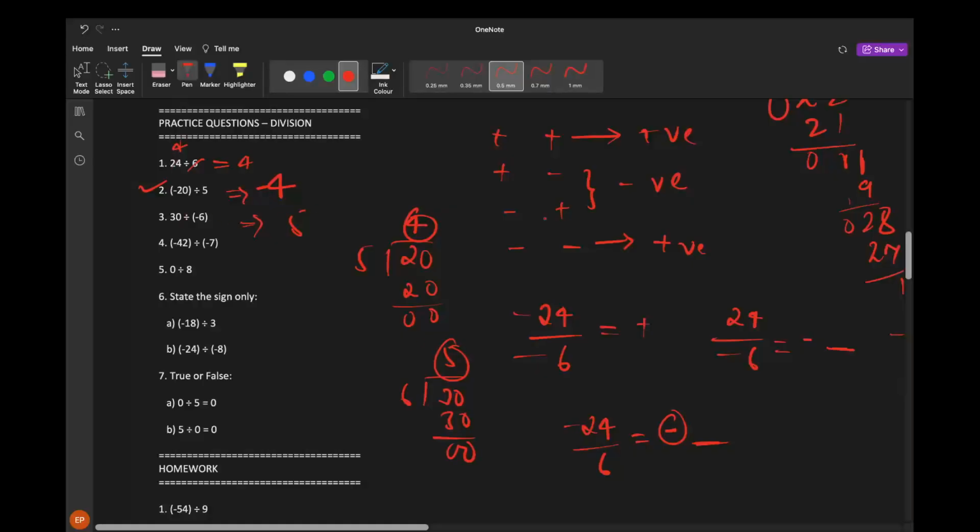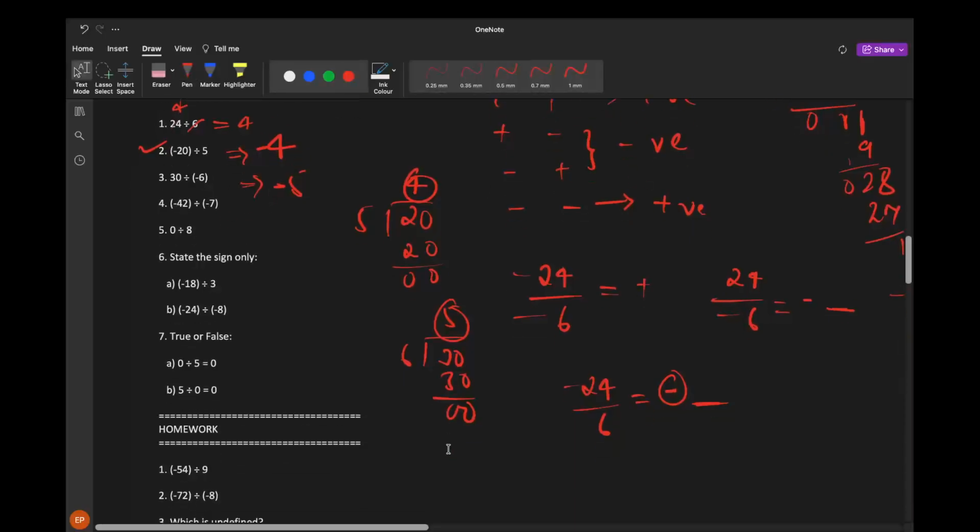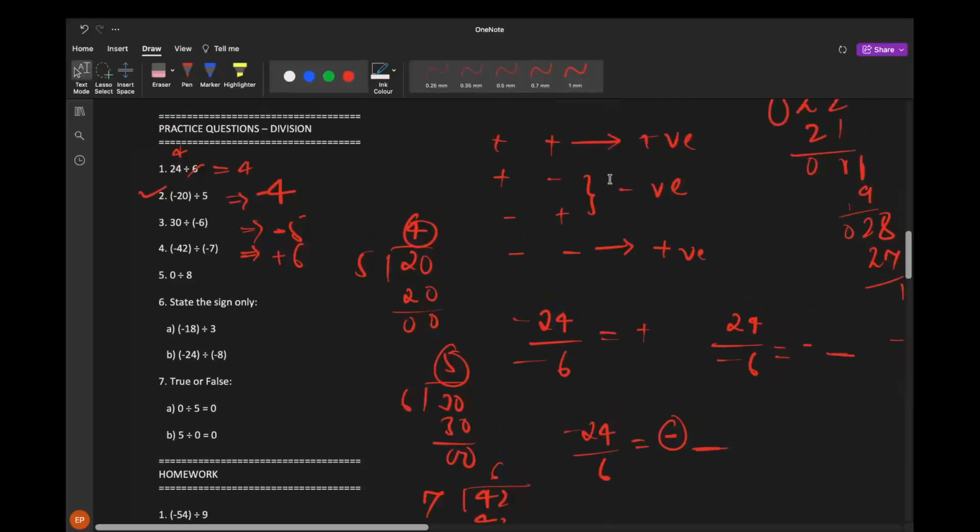Different sign, right? So different sign means negative, minus 5 will be the answer. 42 divided by 7, 7 6s are 42. Both are the same sign, so plus will be the answer. Both are positive, answer will be positive.